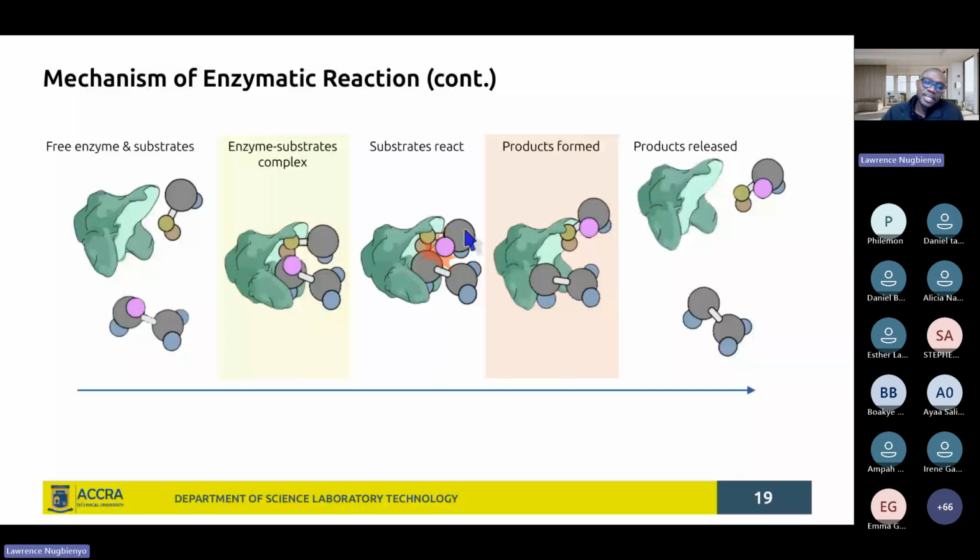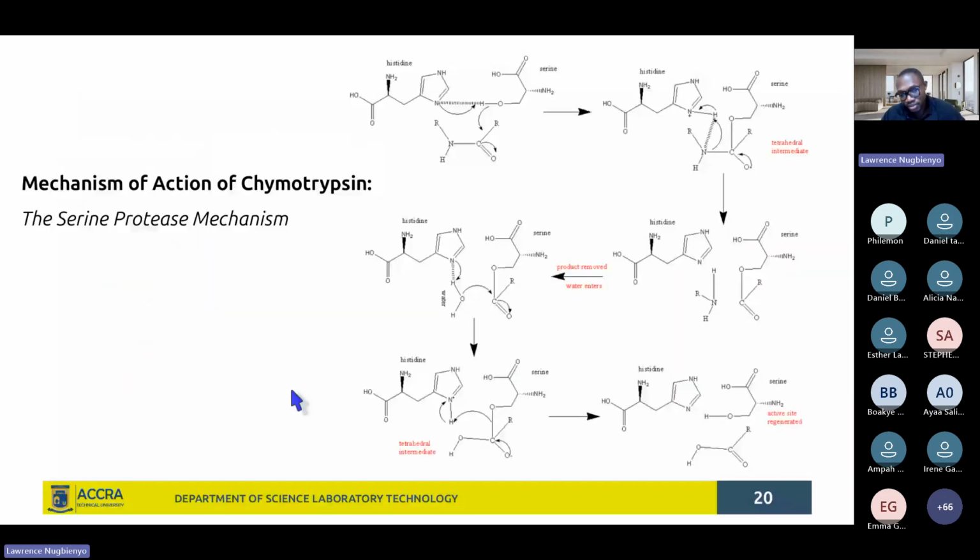Right. Now we take some specific examples of the mechanism of action of enzymes. We take the mechanism of action of chymotrypsin. Chymotrypsin is also an enzyme involved in the metabolism of proteins. And this enzyme acts with a mechanism we refer to as the serine protease mechanism.